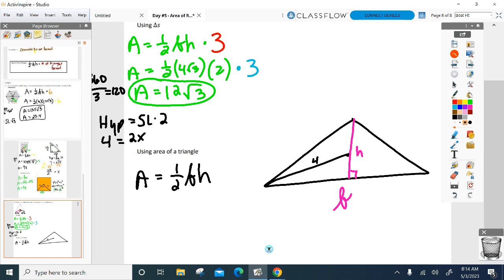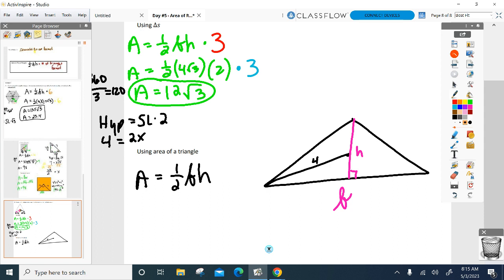So how could I get in the base and the height here? Equilateral triangle, remember. I already know that piece is 4 there. Equilateral. All sides and all angles are equal, right?